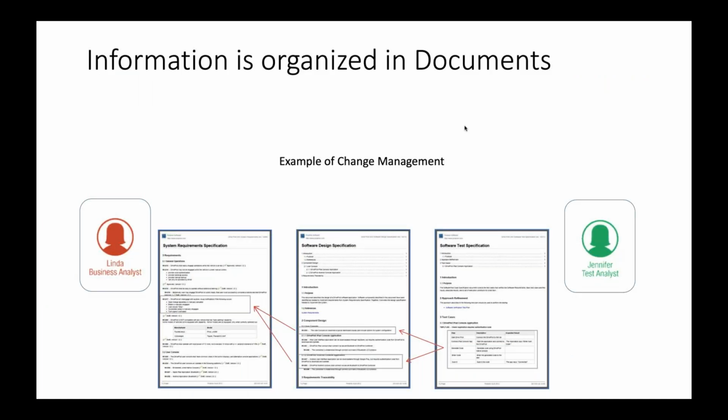The information is organized inside documents, and also the information can be organized without documents as a simple list of work items. If we look at this example of a change management, then we have three documents, which is from the left to the right: system requirement specification, software design specification, and software test specification. So we have some test cases on the right side, some design in the middle, and requirements on the left side. In Polarian, these data can be linked.